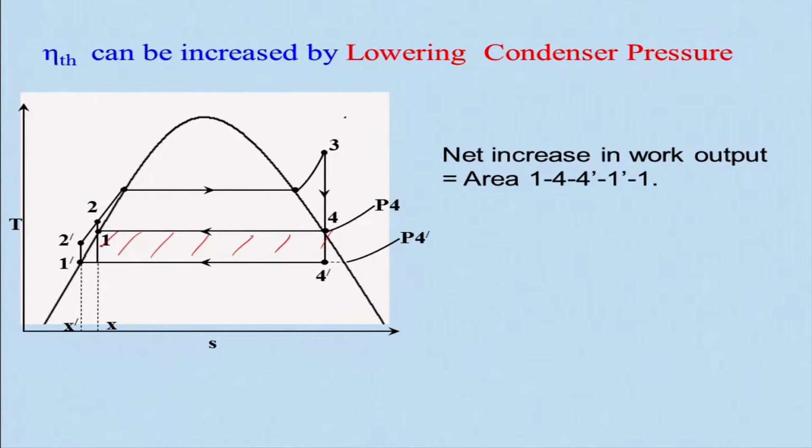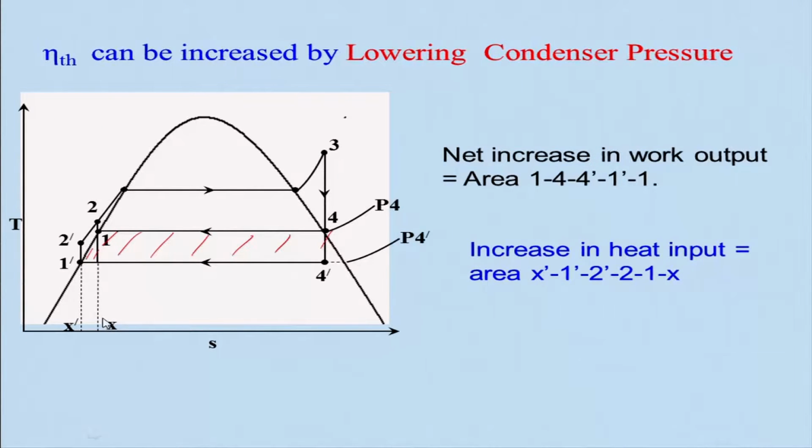if you look at this portion is the net increase in work output, right, this portion. But however, this portion, that is x dash 1 dash 2 dash and 2, of course 1 x, this portion, if you look at this portion is basically increase in heat input one has to give, right.